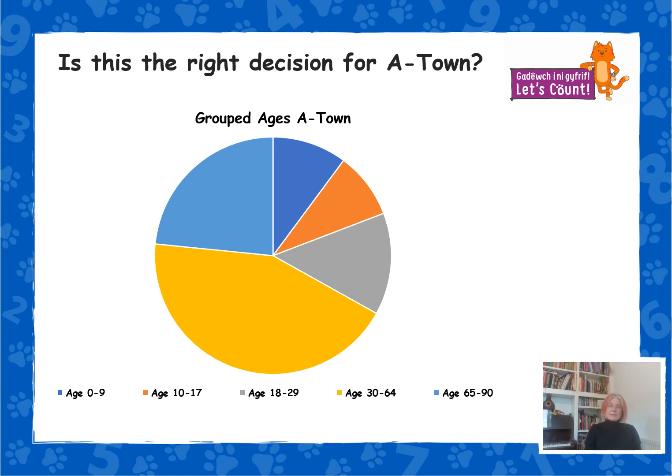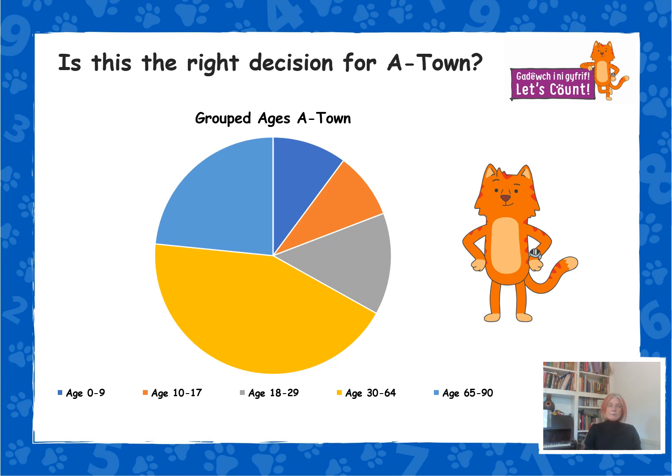Then the 10 to 17-year-olds in the orange, 18 to 29-year-olds in the grey section, 30 to 64-year-olds, who are the large yellow section, and then the light blue of the 65 and over. It says 90, but it includes all those aged 65 and over.